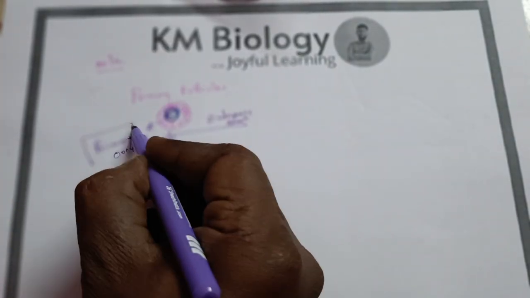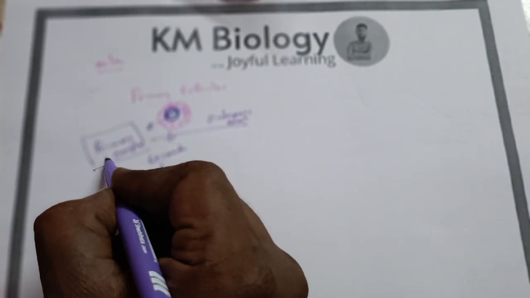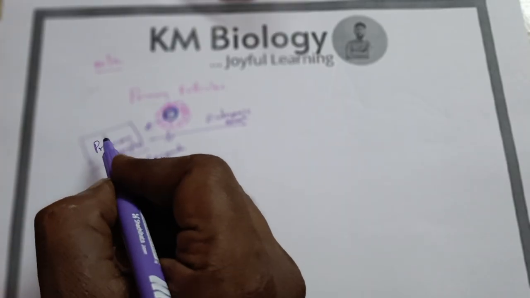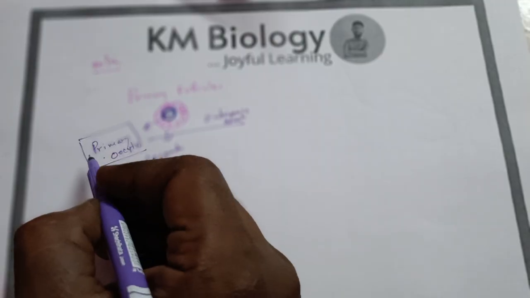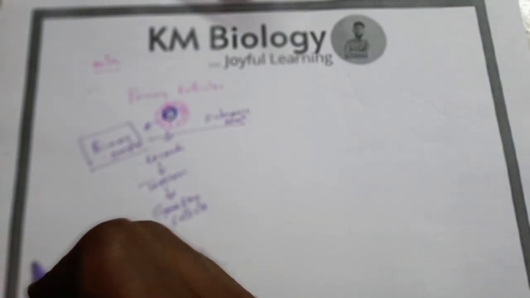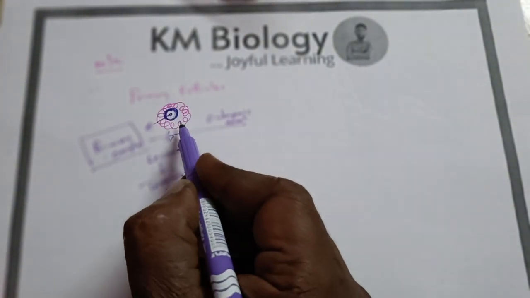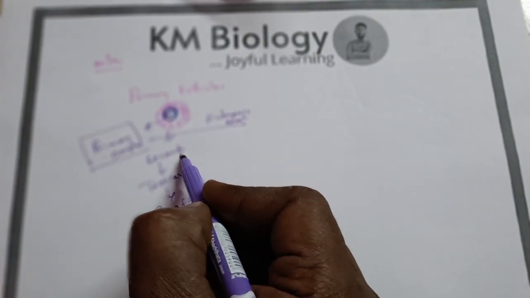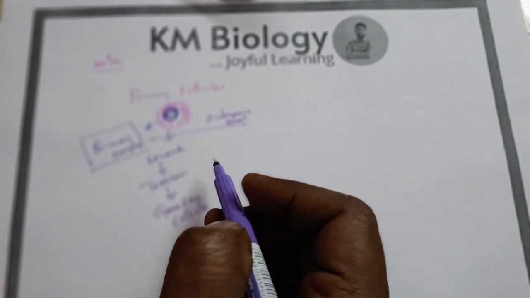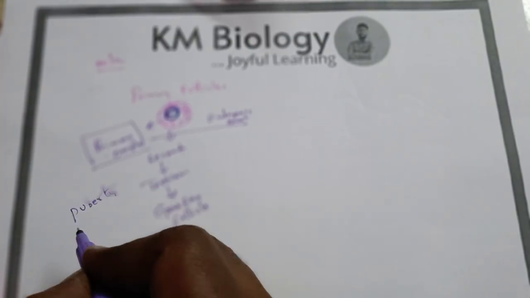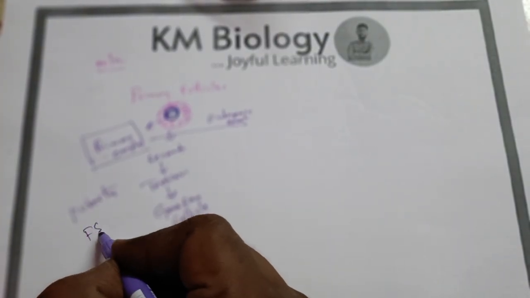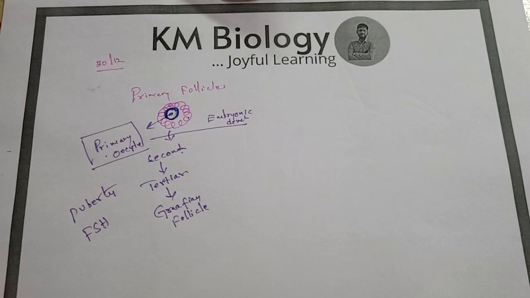So see, when you say primary oocyte, already meiosis has been started and the cell has been arrested in prophase 1. Now these changes from primary follicle to secondary follicle and remaining changes will happen at the time of puberty due to action of follicle stimulating hormone.